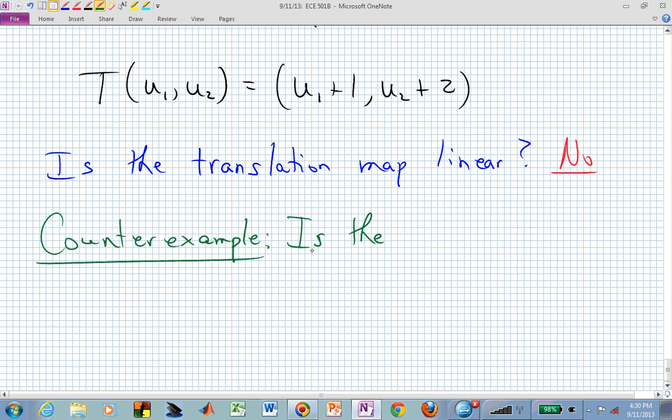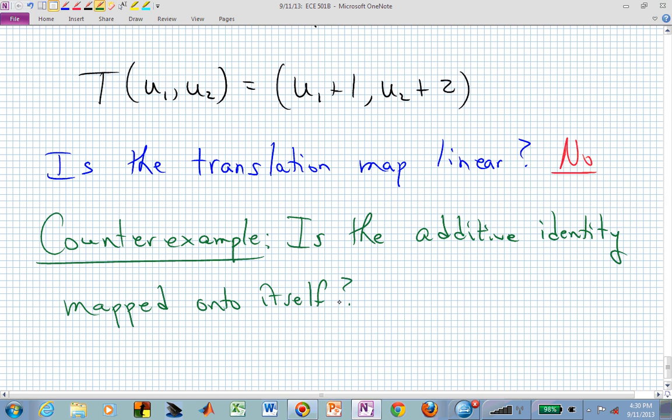And that counterexample is really going to answer the question, is the additive identity mapped onto itself, where this additive identity is the zero vector.